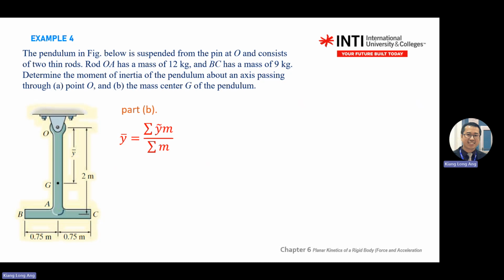How to find Y bar? This one you learned in your statics already. Y bar equals the sum of mass times y, over the total mass. Y bar is the average distance from the reference point to the center of gravity G here.